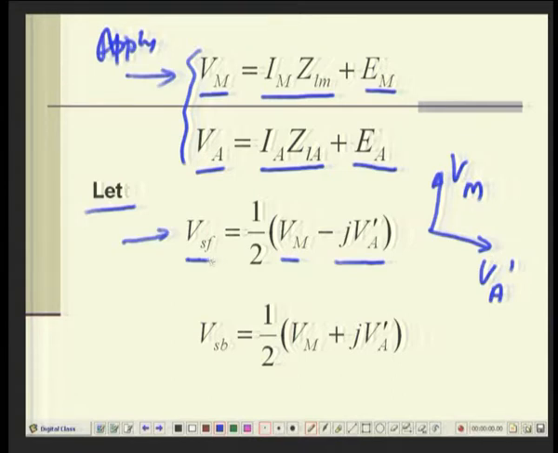So, I call this Vsf is half of Vm minus, sorry, actually this should be Va dash and this will be Vm, because this is leading. So, that is Vm minus j Va dash, okay, and Vsb is half of Vm plus j Va dash, okay. If it is purely balanced, then it will be the other way around. So, this is the definition.